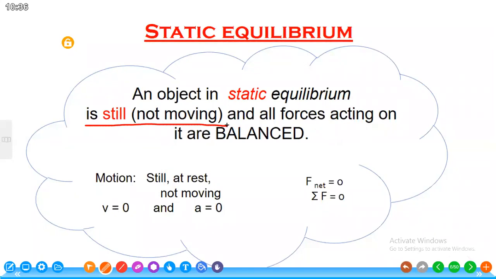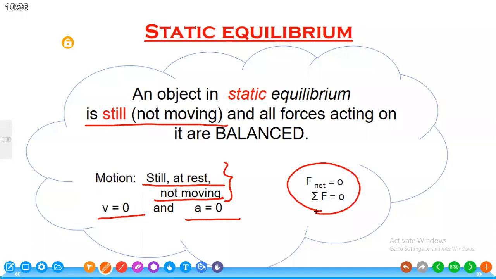Notice, students, so the motion is still, or rest, or not moving. In this condition we can apply static equilibrium. So the velocity is 0 and the acceleration is 0. So F net is equal to 0, and the resultant force is also 0.